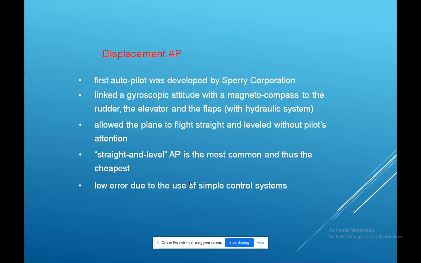This forms a displacement autopilot system, which allows the flight to move straight and level without any pilot intervention. So without the pilot's involvement, it will automatically move the flight in a straight and level manner. That is the use of displacement AP.